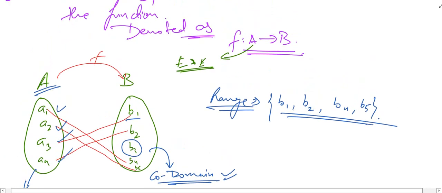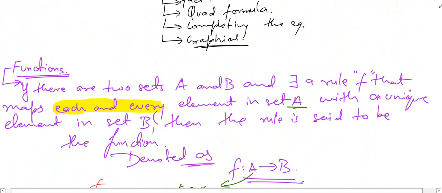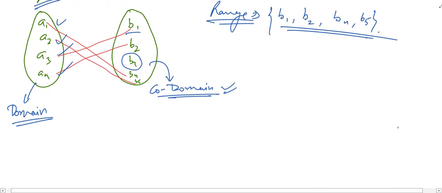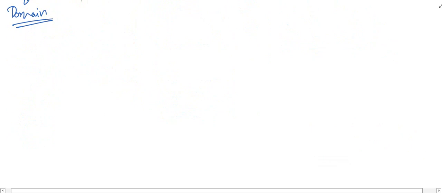So this is the basic definition and terminology of a function, which is very important as we proceed in this course and in any mathematics course which you may encounter in your life, right? So let's move ahead.